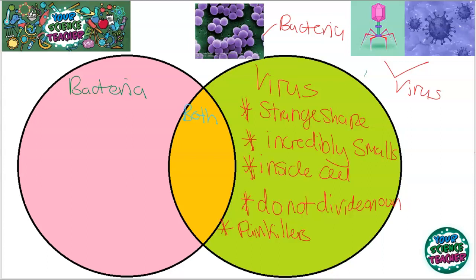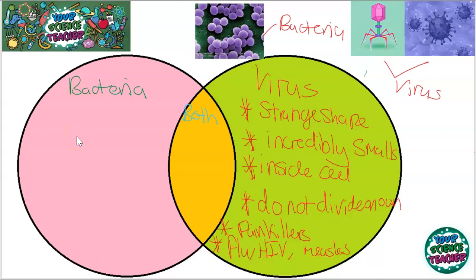And over time, hopefully, your body develops antibodies in order to fight the virus. We know quite a few examples of viruses, things like the flu, HIV, and measles. They're all examples of viral diseases.